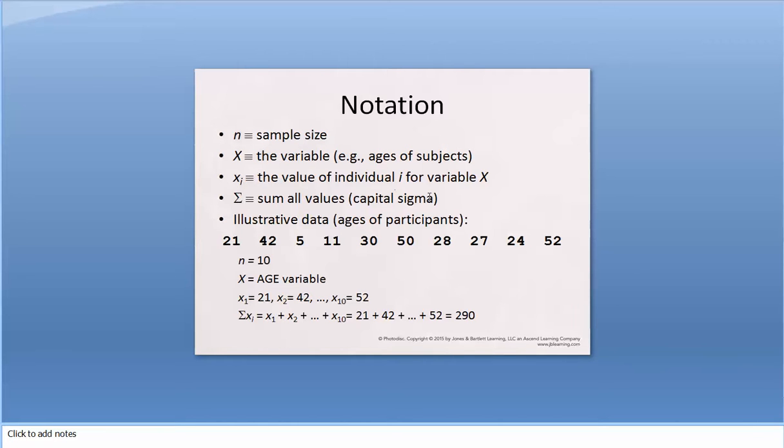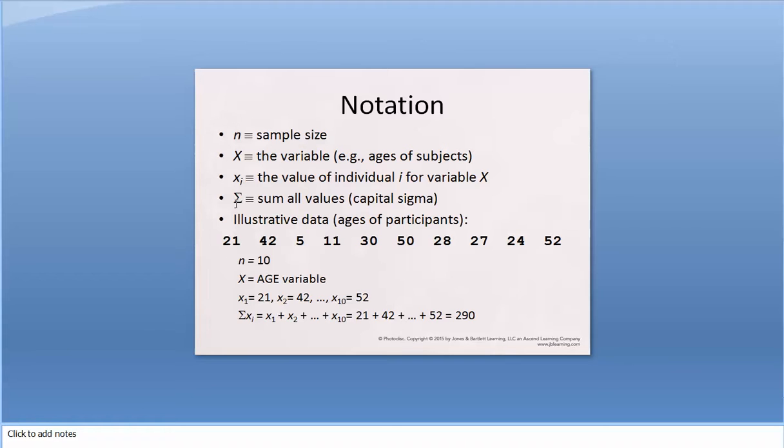Sigma, capital sigma, in the Greek alphabet. This denotes adding. Okay. So now let's talk in terms of these numbers. So this is like x1, this is x2. See right here, x1 is 21, x2 is 42, and then these i values go from 1 to n. N equals 10 in here, so you will have x10 equal to 52.